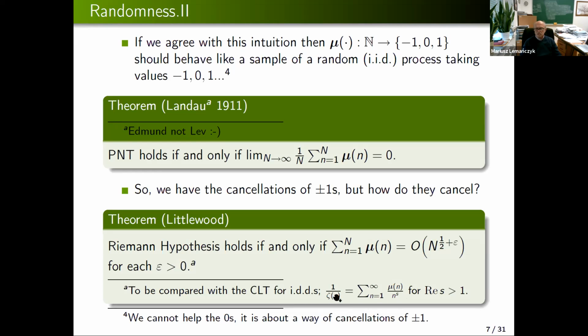So you can think about the reciprocal of this function, and you see that it can be represented as a series, a so-called Dirichlet series, and instead of 1, which we have in the definition of the Riemann zeta function, we just put the values of the Mobius function.